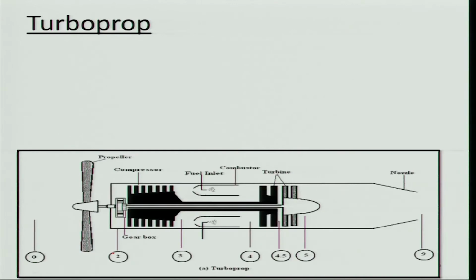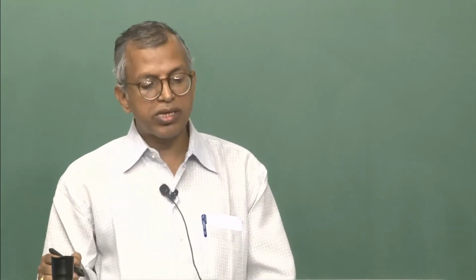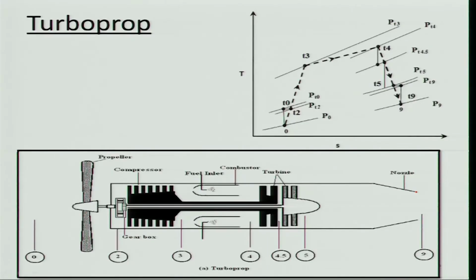If you look at turboprop engines, which we have already discussed in the ideal cycle, it has a propeller, a compressor, then a combustion chamber, the high pressure turbine, and the low pressure turbine is connected to the propeller through a gearbox. Most of the thrust is obtained by the propeller and a small portion is obtained by expanding gas in the nozzle. Generally a convergent nozzle is used, and the processes will be similar to the turbojet engine.